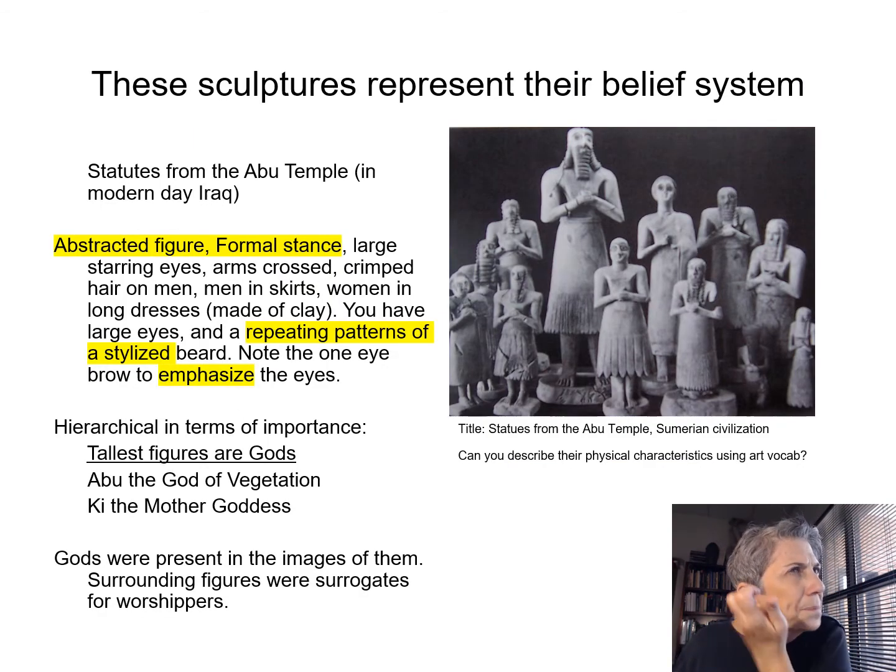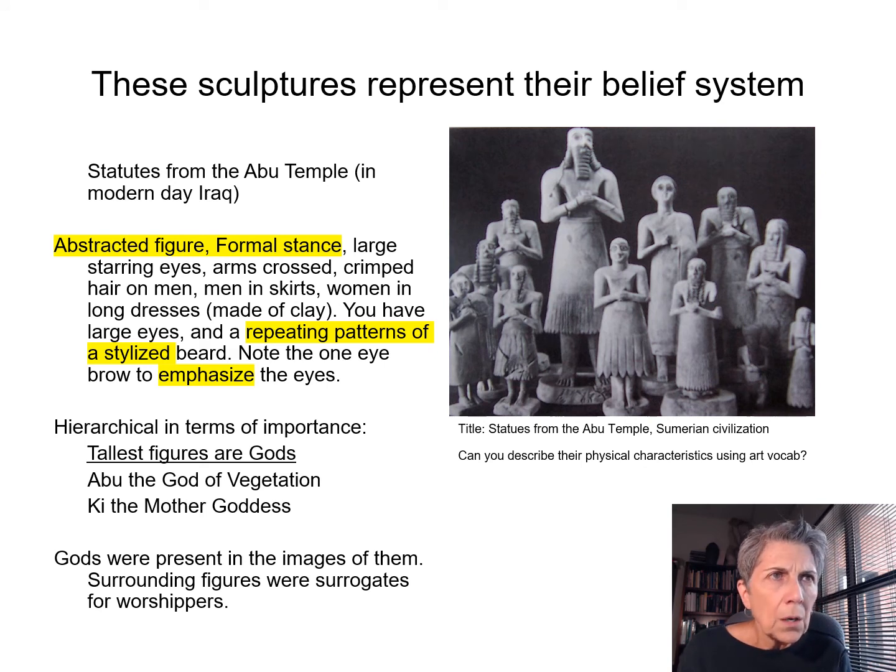And so they represent a belief system. And so it's hierarchical, which means the tallest are the most important. And these are like little figures that you would have in the ziggurat, in a meditation room, and you would bring wine or oil or food, and you would put it at their feet in this ritual.